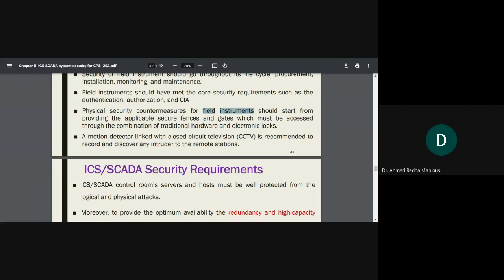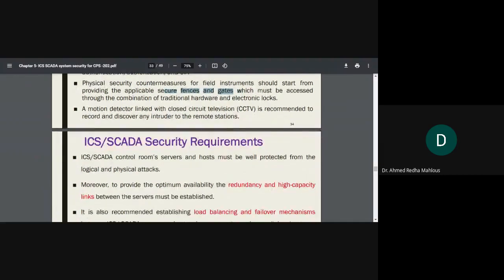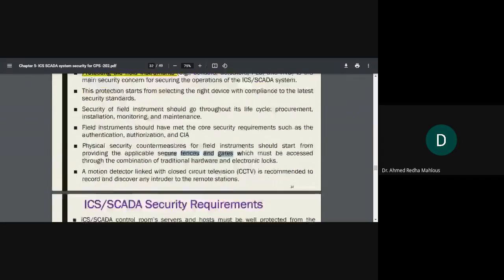That means they should be protected physically, by having secure fences and gates. You can have a combination of electronic locks, physical locks, anything. You can have CCTV that monitors access to those field instruments. So these are for the field instrument.